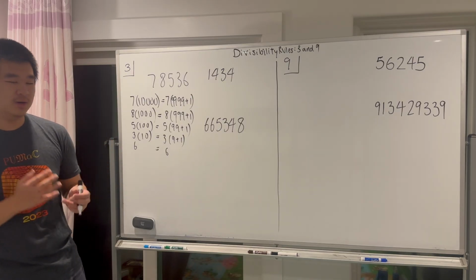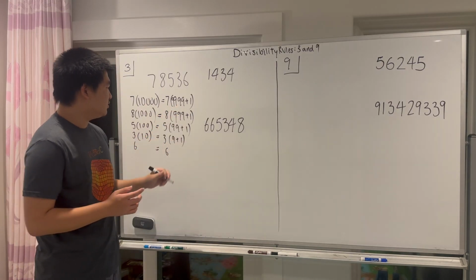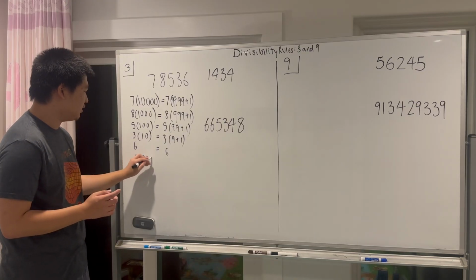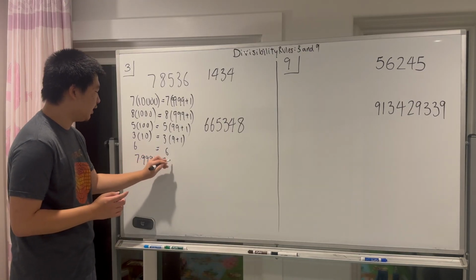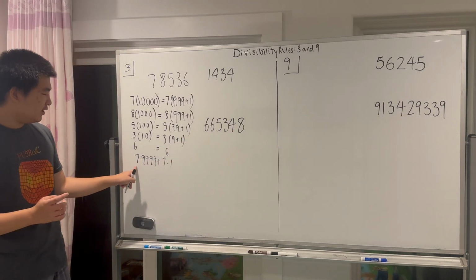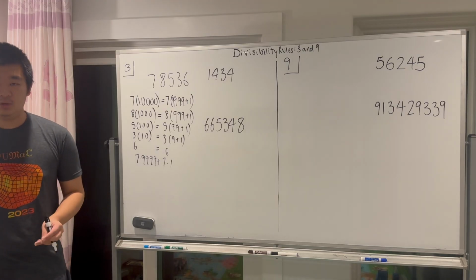That's just terminology. So 7 times 9999 plus 1, if we expand this using the distributive property, this is 7 times 9999 plus 7 times 1, which is just 7. But 7 times 9999, that's a multiple of 3, because 9999 is a multiple of 3.